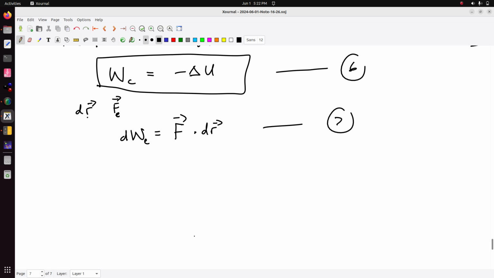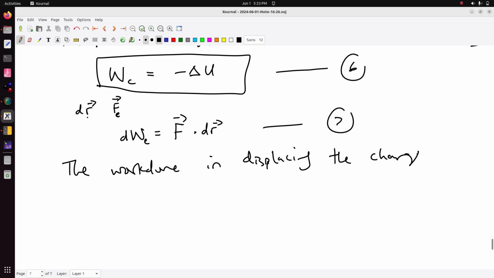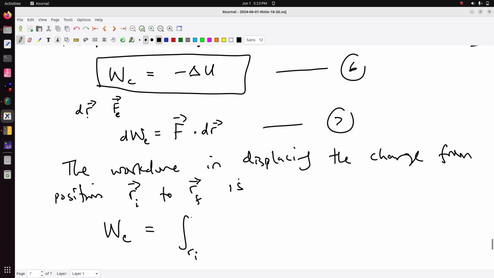Now, if we take the total work done in displacing a charge from the initial position Ri, which is a vector, to the final position Rf, the work done is the integral from Ri to Rf.